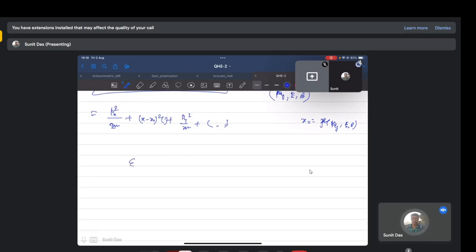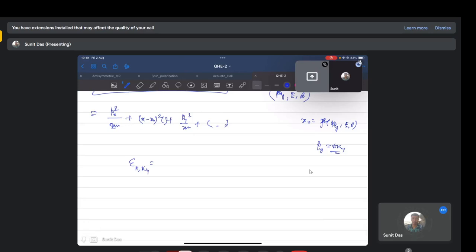energy eigenvalues will be dependent this time on n as well as k. K means we are simply writing py as h bar k. Otherwise I can also write ky for clarification.